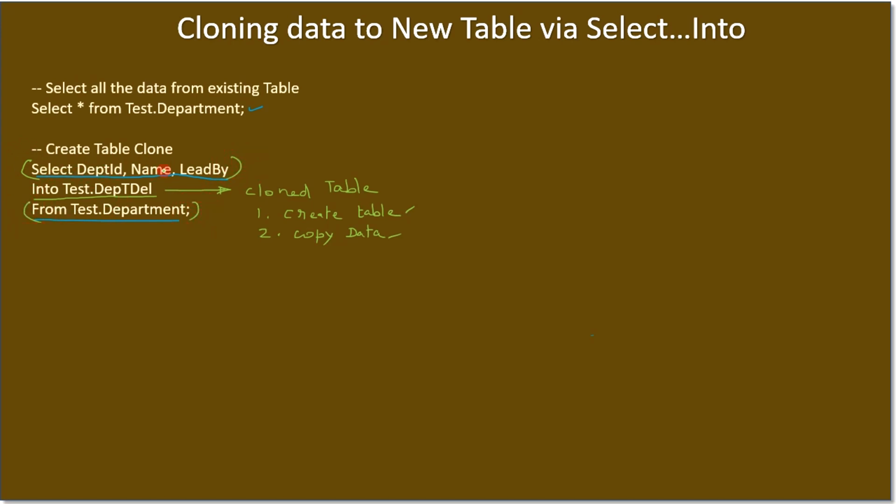Select department ID, name, led by from test.department, 3 columns, and if there are 10 rows, all will get copied to this newly created table.